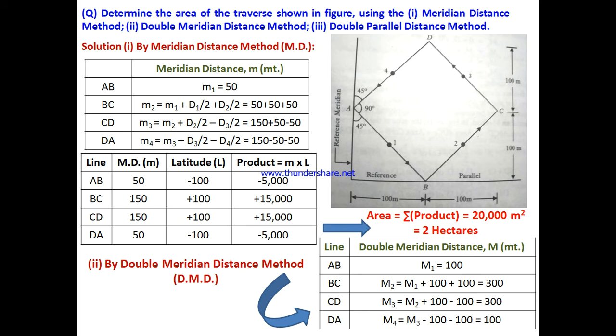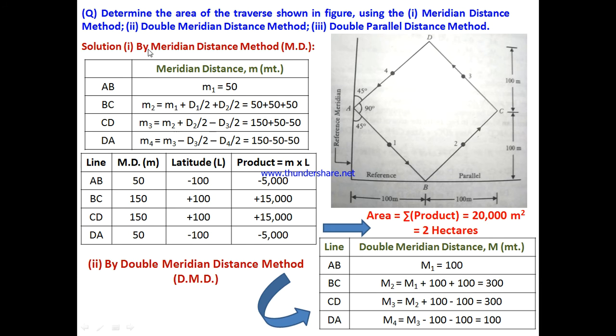Suppose we need to determine the area of the traverse shown in this figure. We need to calculate the area of this traverse by all three methods, that is the meridian distance method, double meridian distance method, and double parallel distance method. From here you can see how to calculate the meridian, double meridian, and parallel distance for each case.